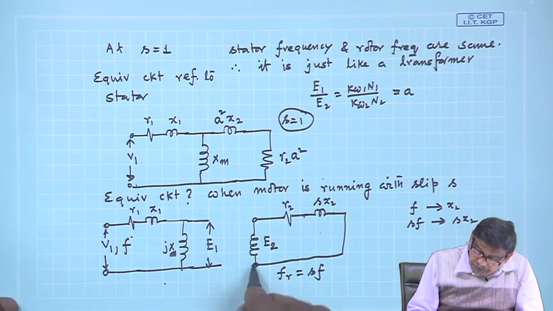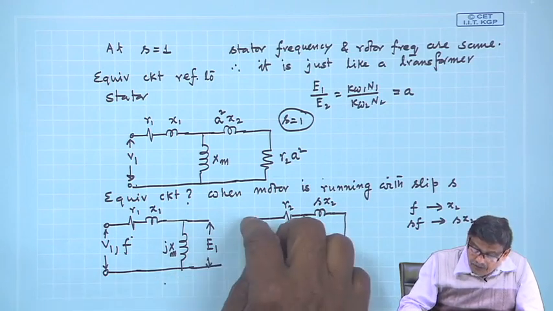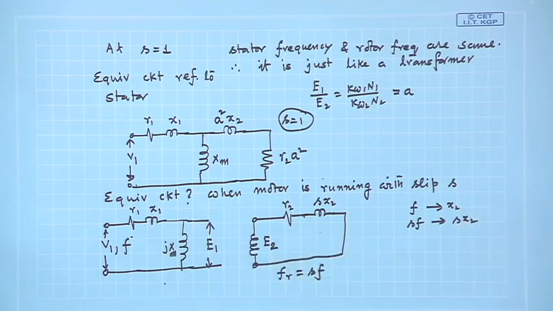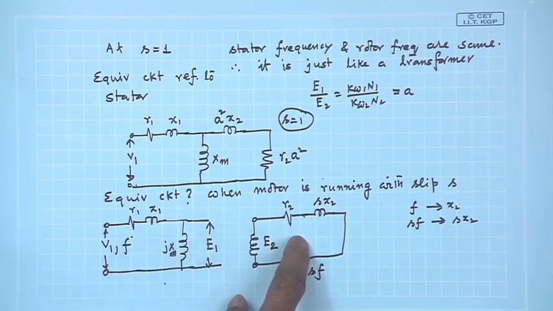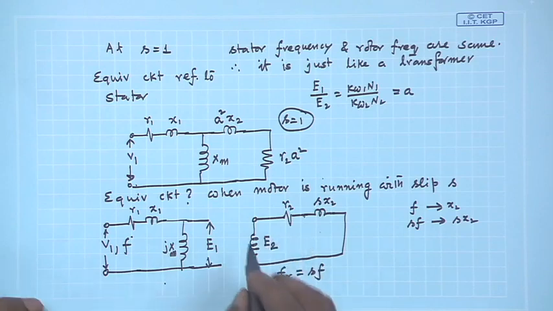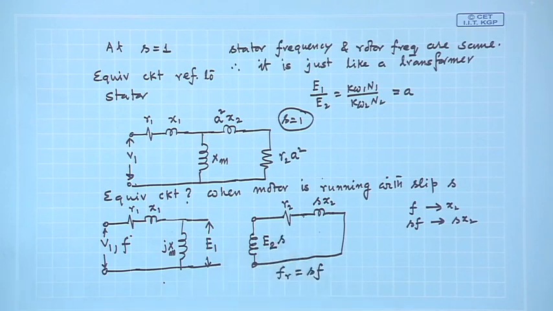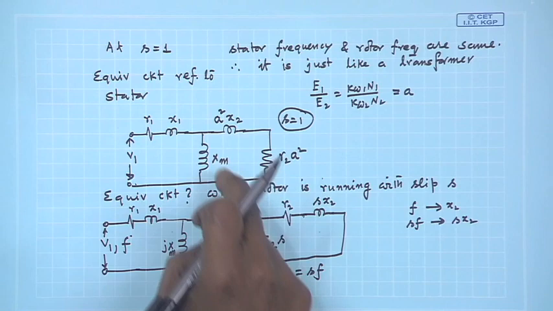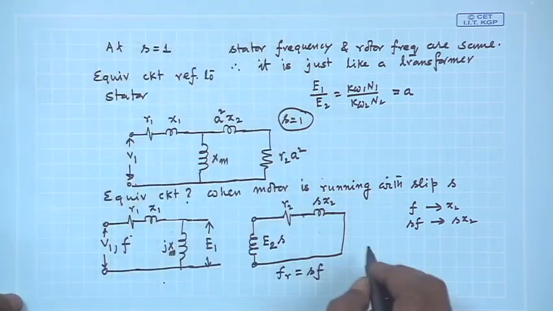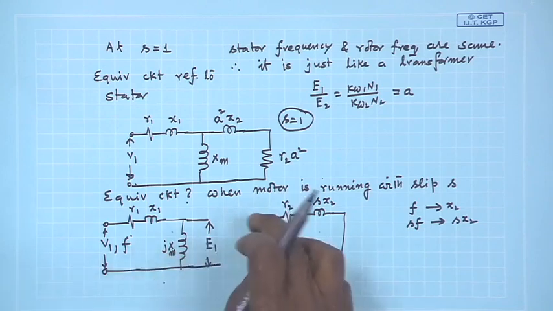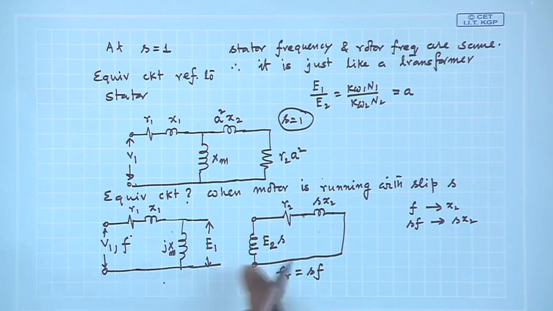Now, the moot point is these 2 points. I am in a slightly difficult position now, in the sense that there is a primary coil and a secondary coil, and this voltage, E 2 at slip S, can also be written as S into E 2, where E 2 is the voltage at standstill condition. If E 2 is the voltage at standstill condition, then the induced voltage when the motor is running with slip S must be S into E 2, that we have seen.